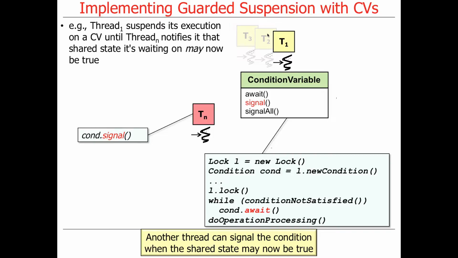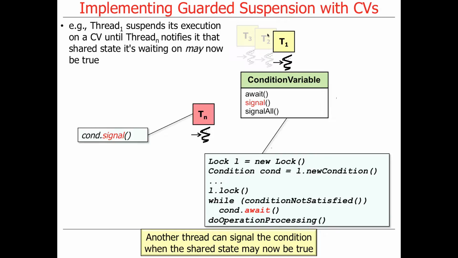Condition variables typically have await, signal, and signal all. They do more or less the same things. They're just working on different abstractions. And you'll see how that works out. I think that they chose those names to avoid totally confusing people by using exactly the same names that you had for the built-in monitor objects.